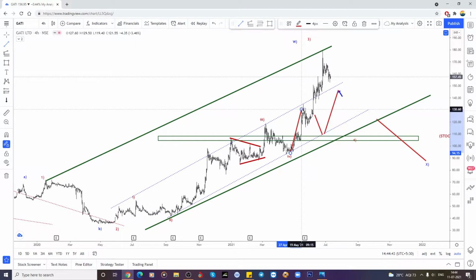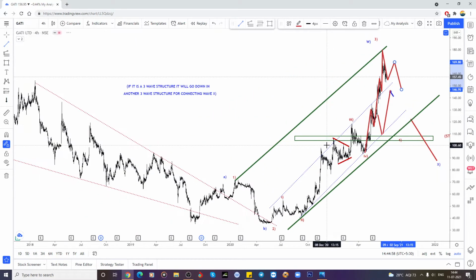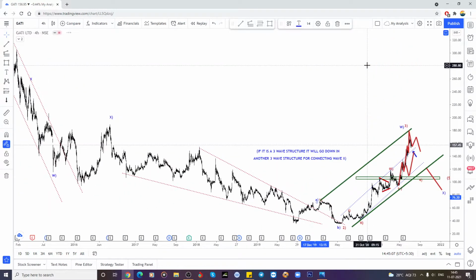So 1, 2, 3, 4 and 5. It's already done. So here 1, 2, 3, 4, 5, so looking for that bigger fourth wave. But here I already question, is this A, B or C, or this could be 1, 2, 3, and where are we in that max.